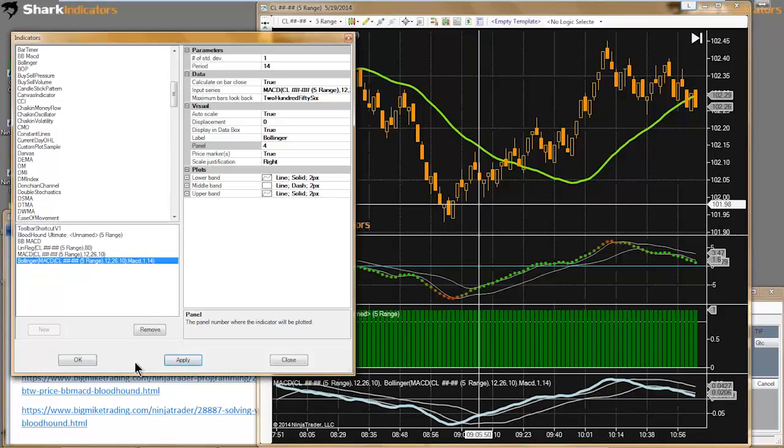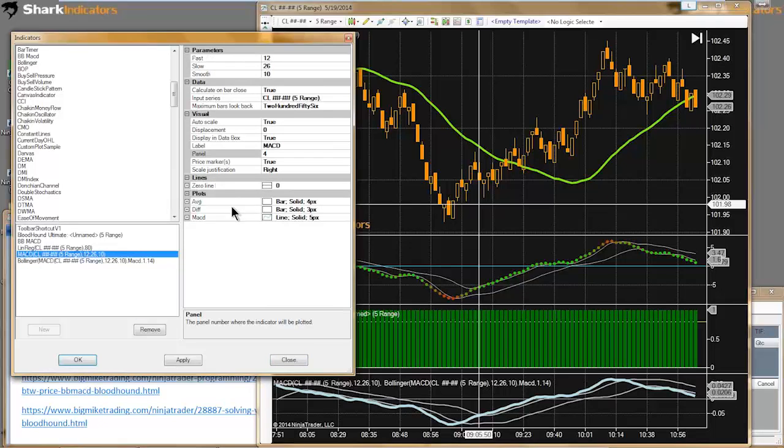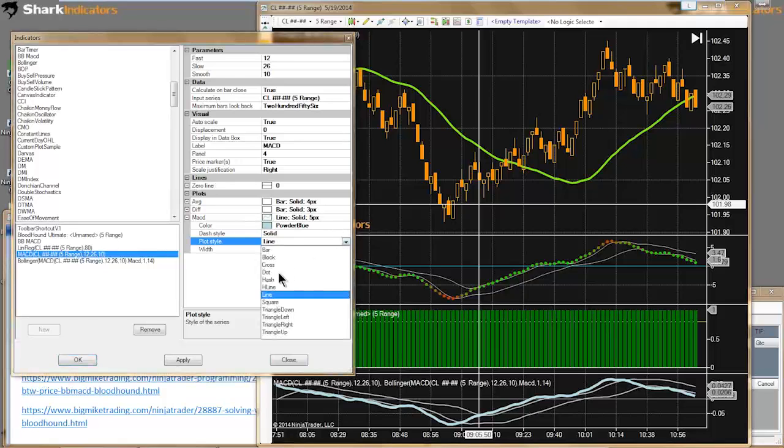And you know, that looks awful close. Let's try and make it look even closer, so let's change the plot style to the dot.